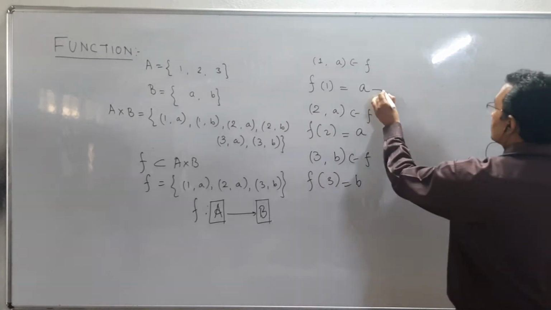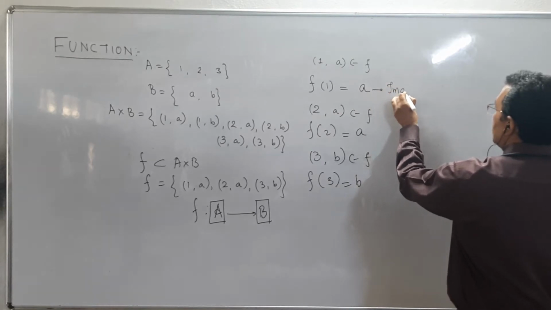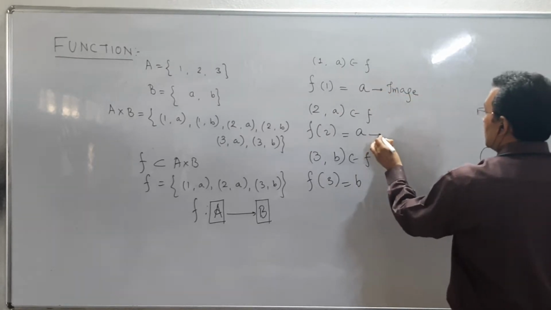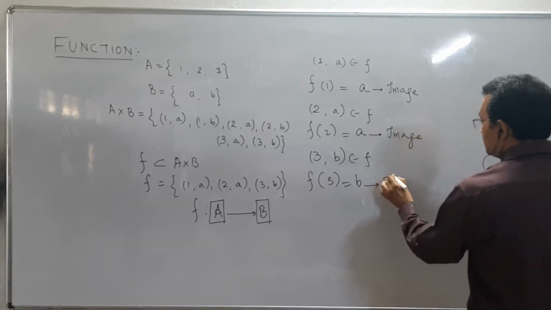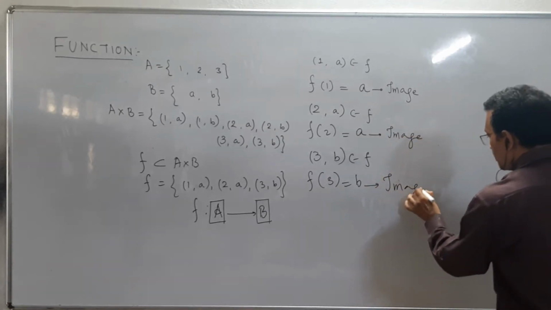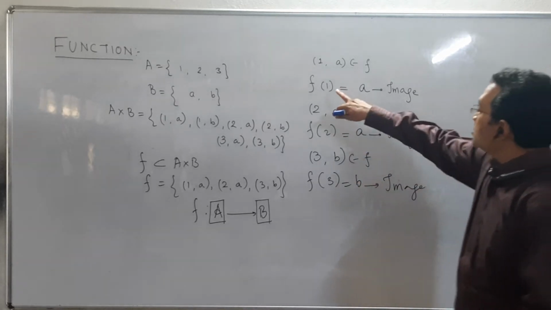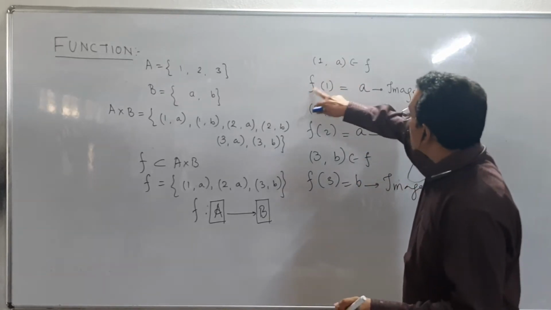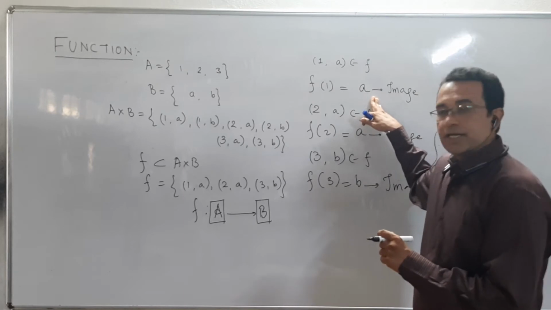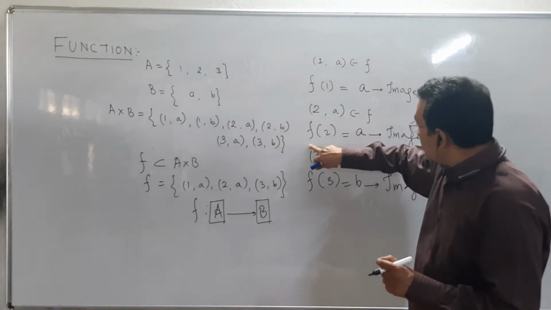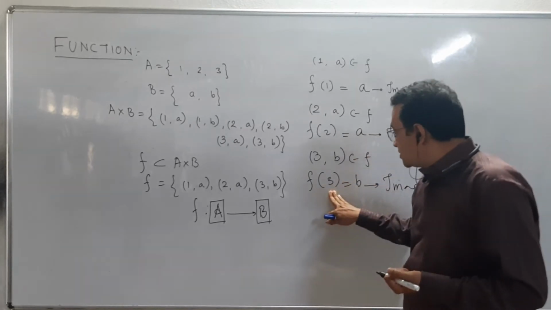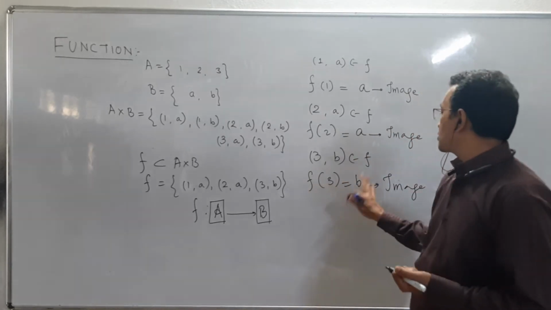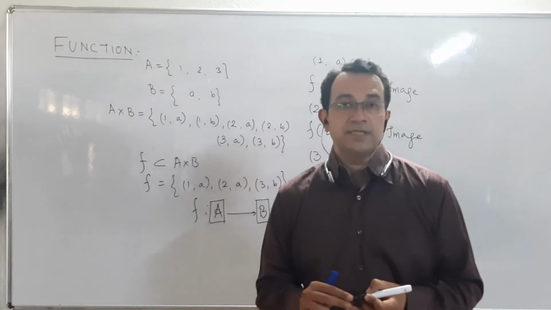So this a is called image, this a is also called image, and this b is also called image. So the image of 1 under the function f is a. The image of 2 under the function f is also a. The image of 3 under the function f is what?